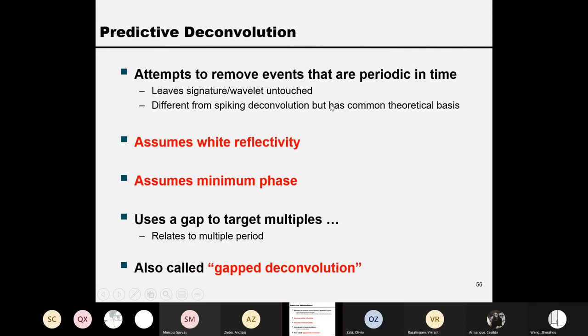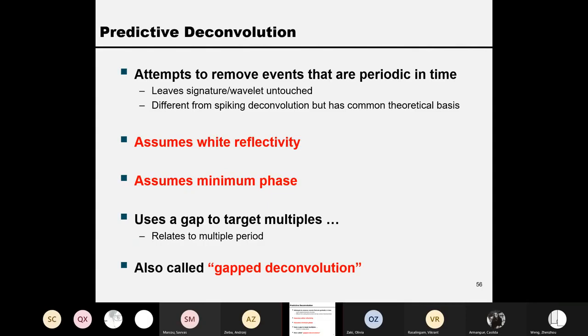Now, after reviewing the multiples, we said one of the objectives for the predictive decon is to remove multiples, right? One of the applications, okay? Now, what is predictive deconvolution? The key word is predictive. That means the signal or multiples are predictable.